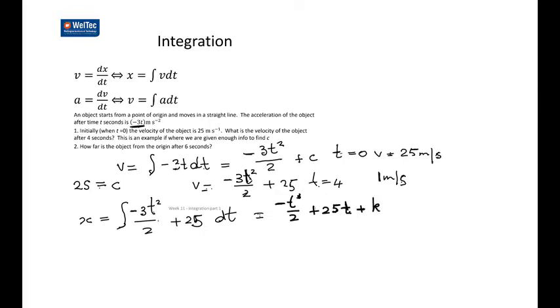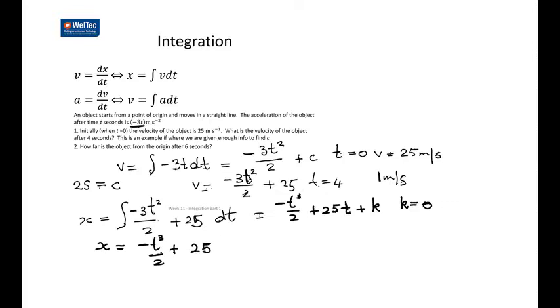Now, what do we know? We know that when t is 0, the distance is 0. So when t is 0, x is 0. That also means that k is equal to 0. So our distance function is negative t cubed over 2 plus 25t.